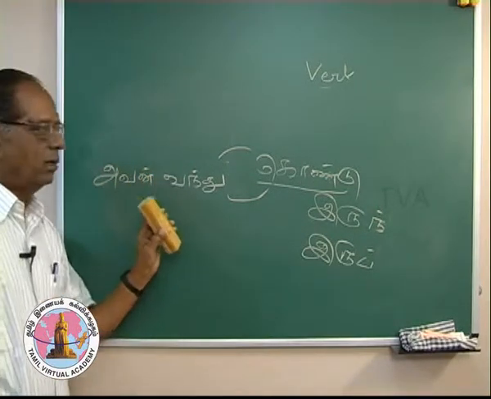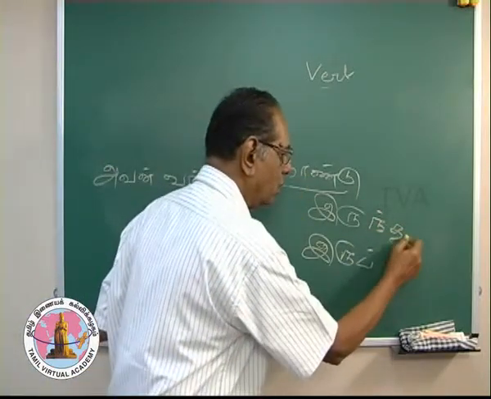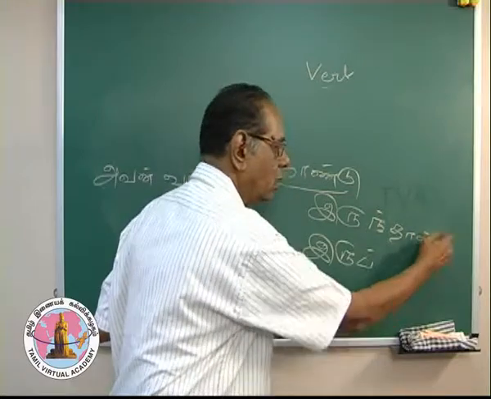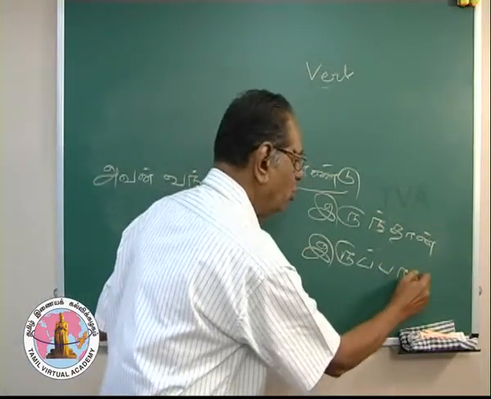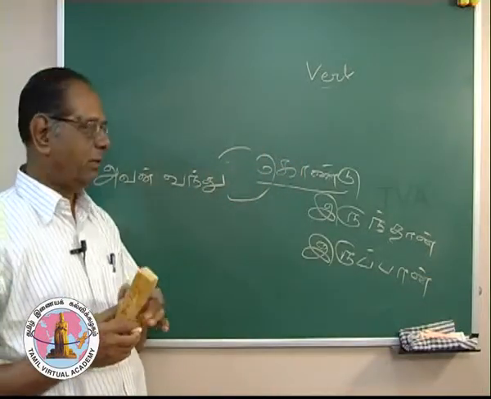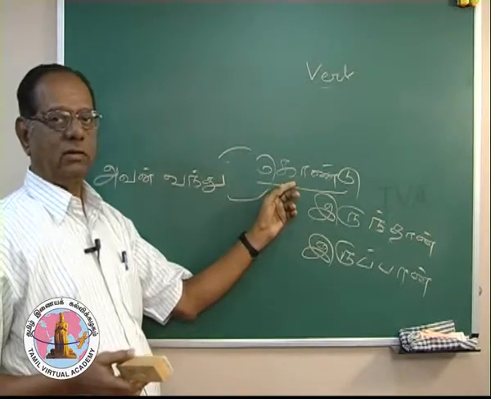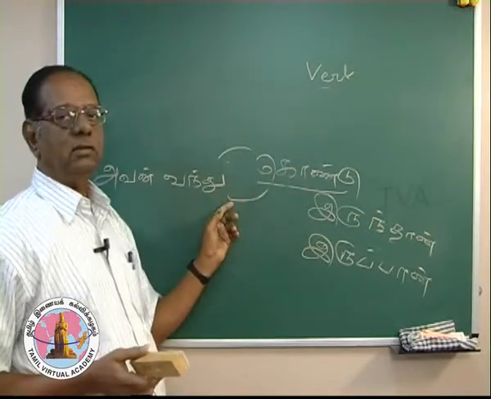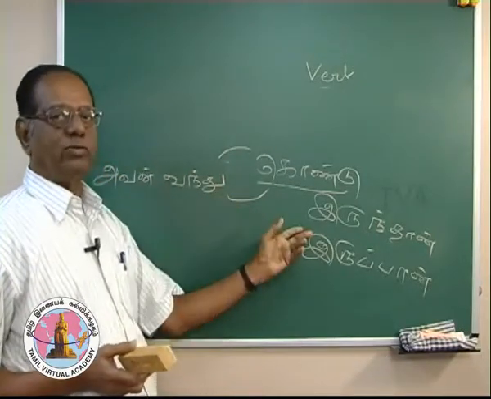Avan vandu kondu irundan. He was coming. Avan vandu kondu iruppan. He shall be coming. So, kondu is the suffix for this form of verb. There are two verbs.